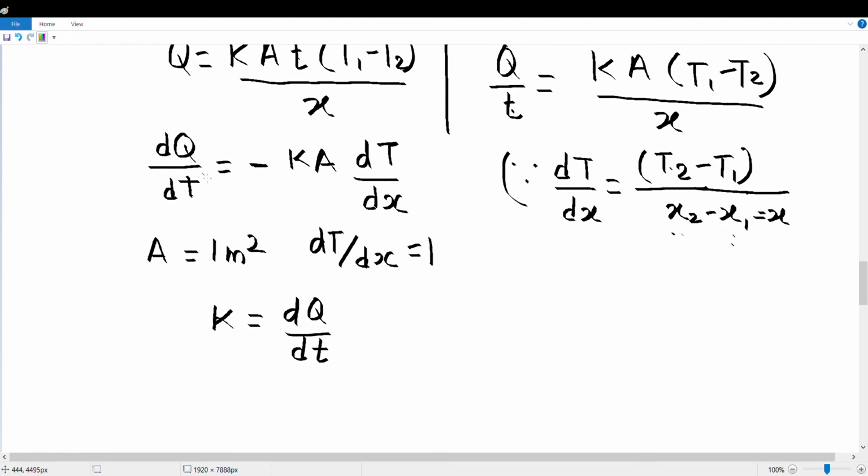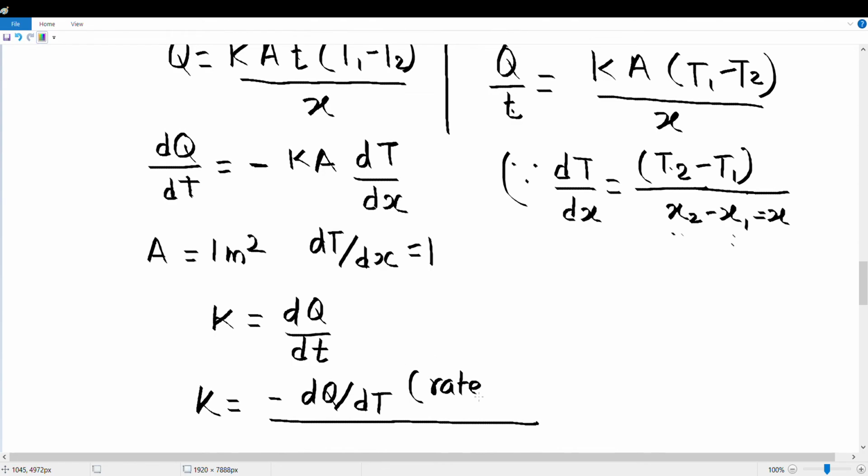What is this K? If we rearrange this equation, then this K is equal to minus dq by dt. What is this dq by dt? This dq by dt is the rate of flow of heat.